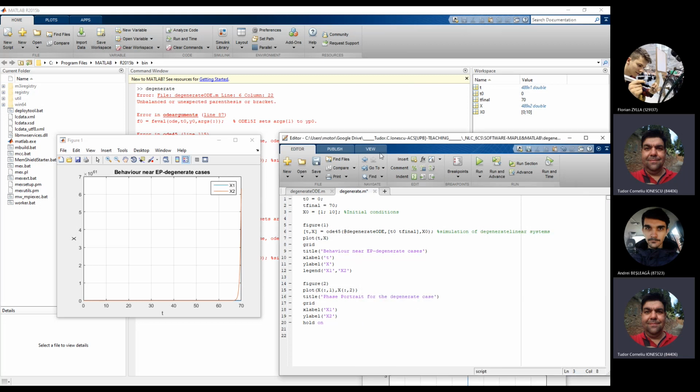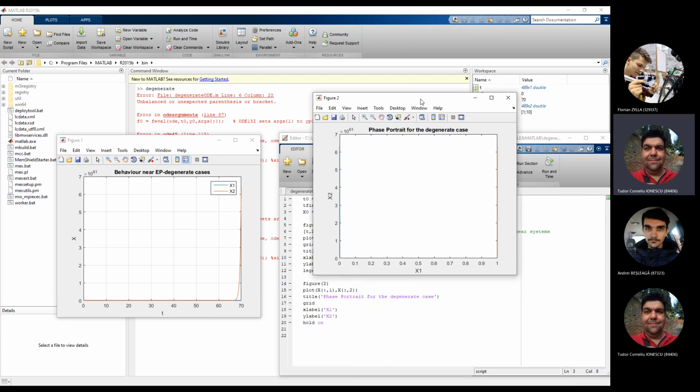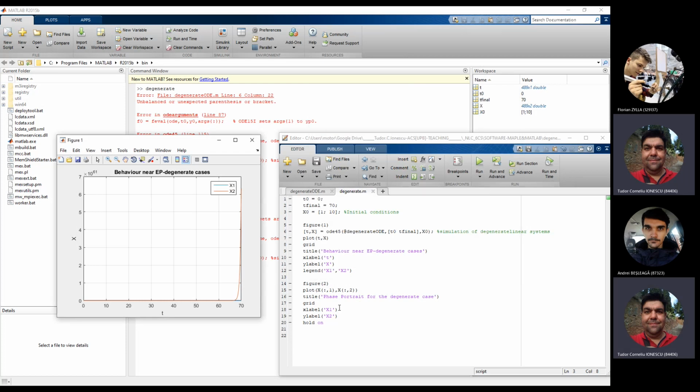Let's make it 1 here, and you'll see the difference in a minute. So you see now it's 1 here. Look, the red line you can see here. Phase portrait grid, but it said grid. Why isn't it showing a grid?